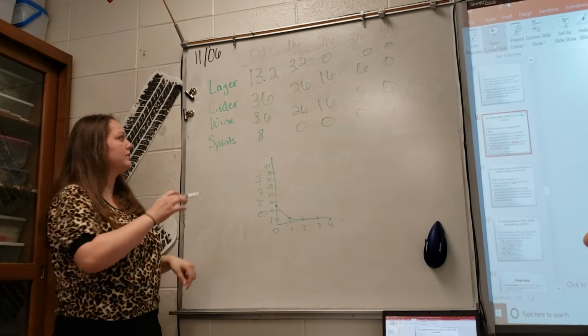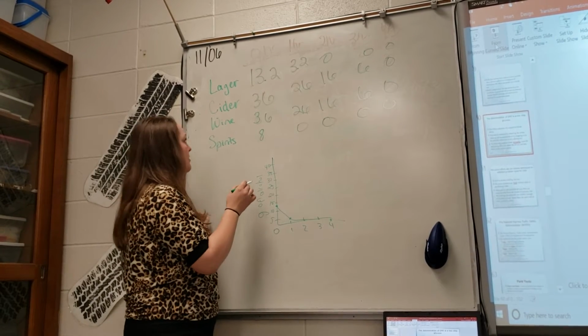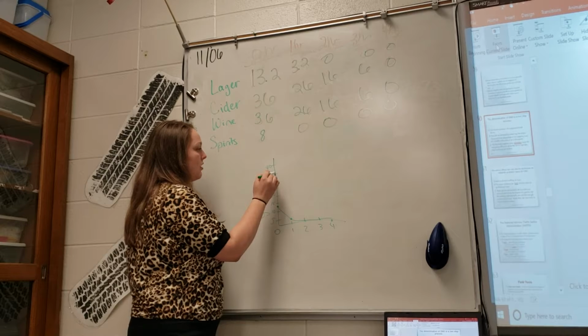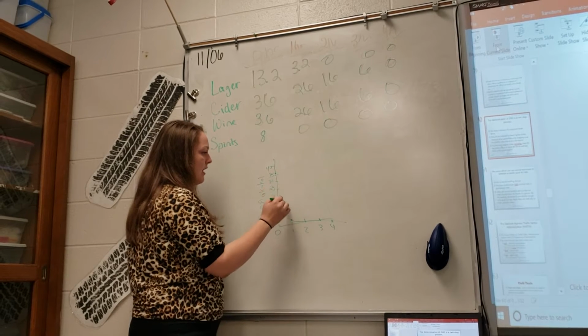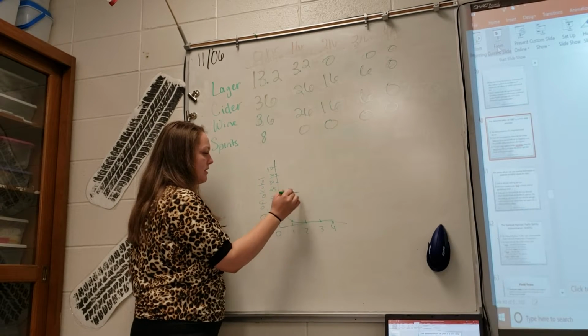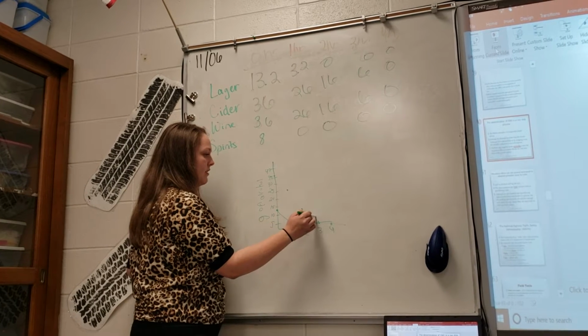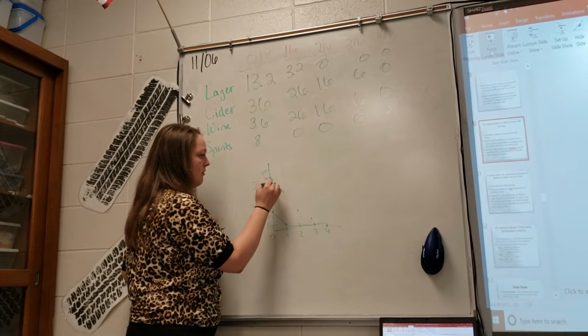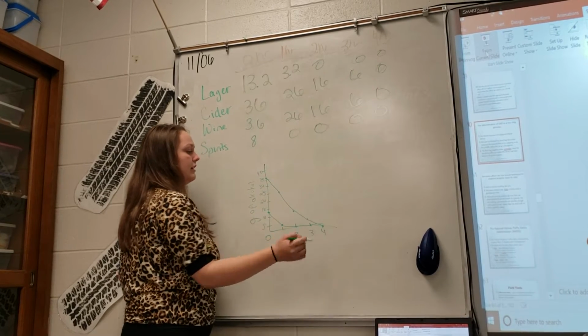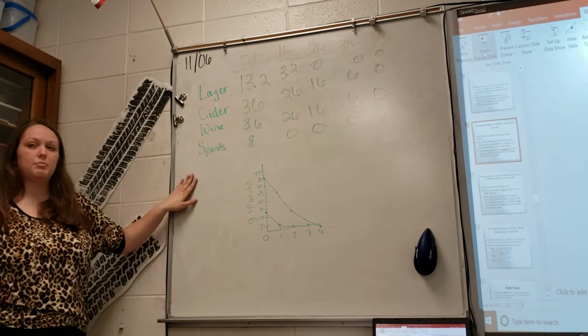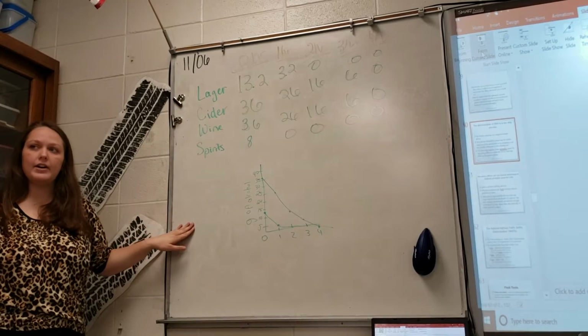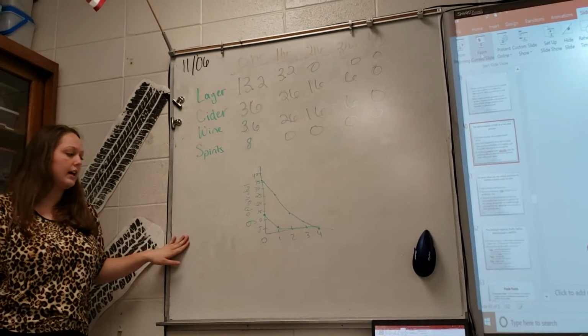For the next one, cider and wine, both of those lines are gonna be the same. So you start at 36, and then your first hour is 26, second hour is 16, 6, and 0. Like that. And then you'll plot the one for spirits. Everybody got that? Okay. That part was pretty easy.